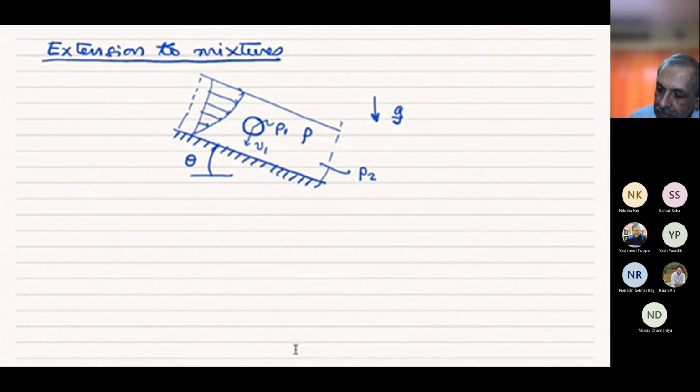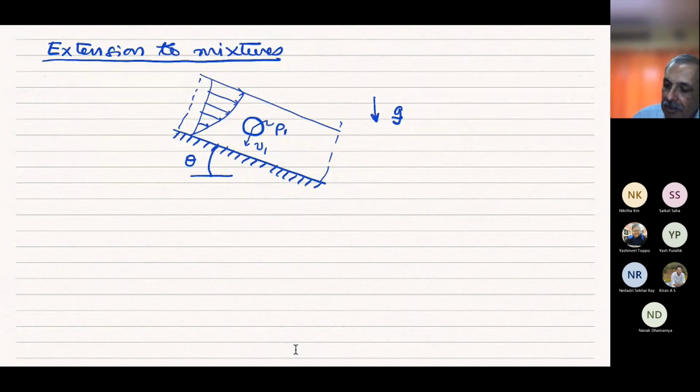So I'll start with the same system, but let's suppose that outside it's not just particles of type 2, but a mixture of particles of both type 1 and type 2.